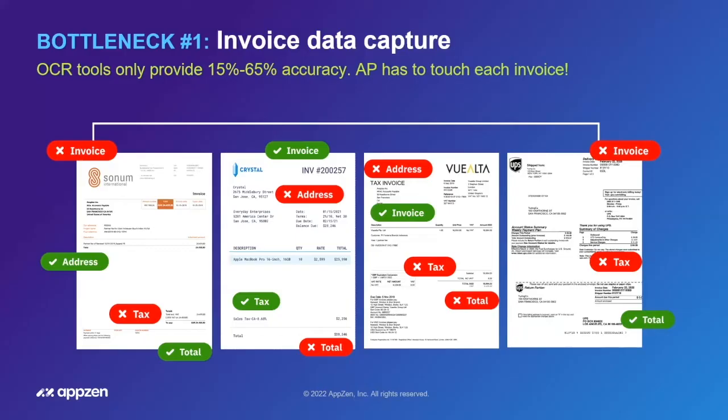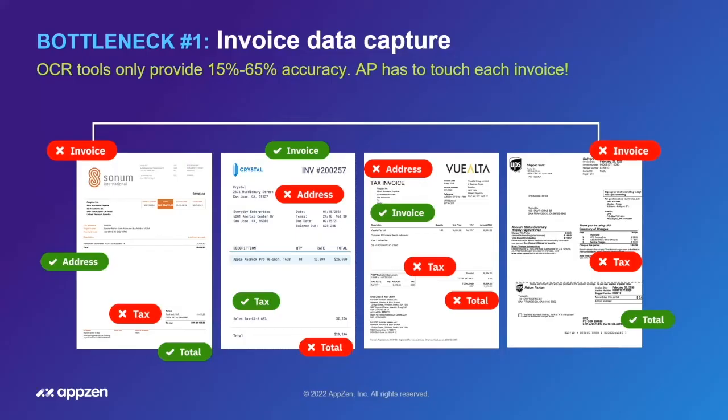So what's the impact of OCR not being able to extract all this information that AP needs to process an invoice? The major impact for AP is that if the OCR is either not able to extract data or it's not extracting that information correctly, then they have to intervene and actually touch each and every invoice.